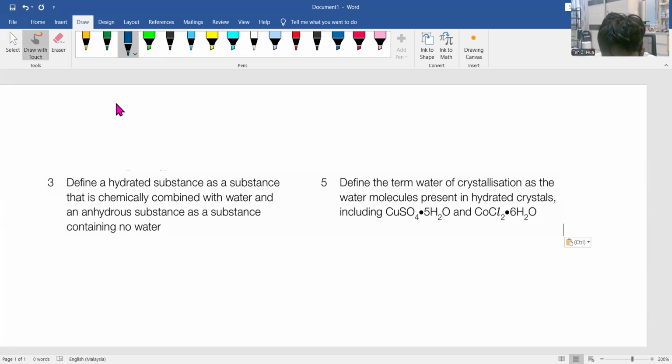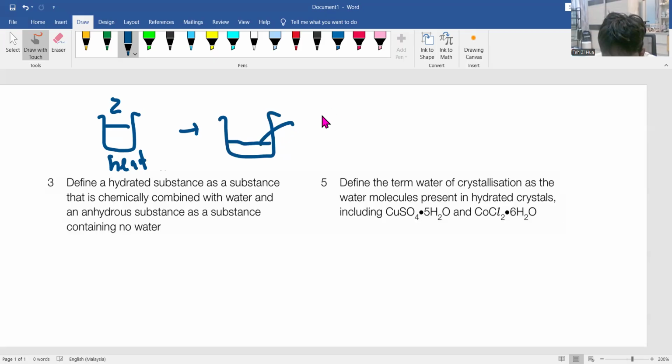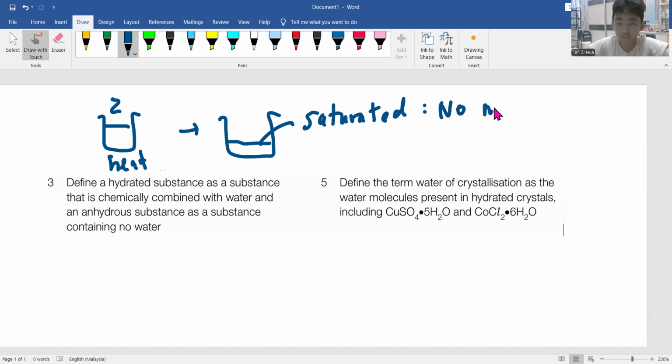okay, you heat until saturated. Okay, you need to know what is the definition of saturated. Zuha, can you tell me the definition of saturated? The most amount of particles in a given amount of solvent.